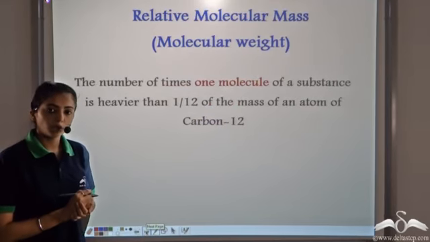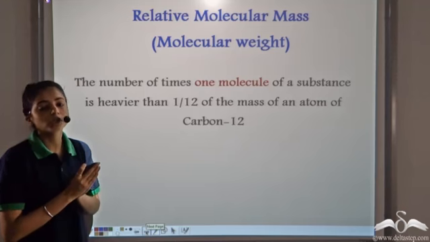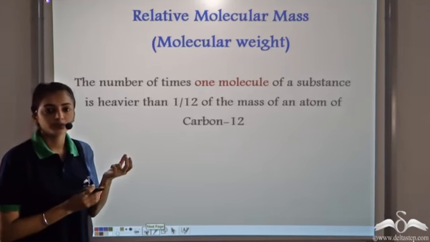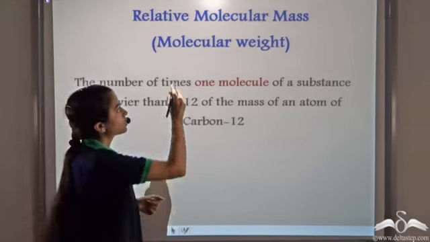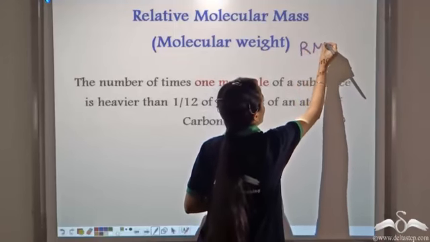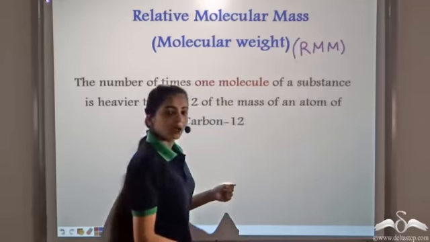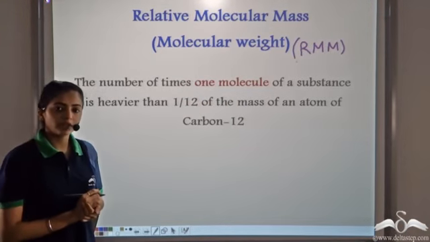Like the relative atomic mass for a particular element, we have the relative molecular mass for a compound or for a molecule. So the relative molecular mass can be abbreviated as RMM, and this is also known as the molecular weight.